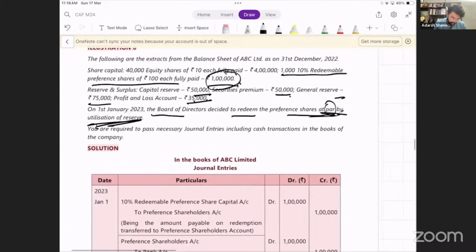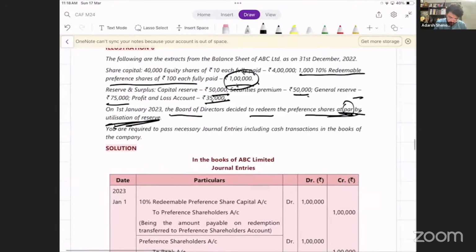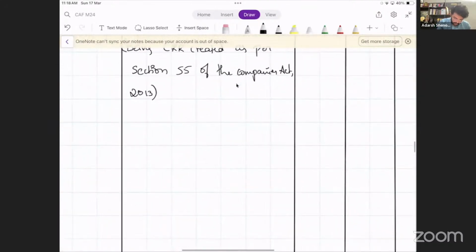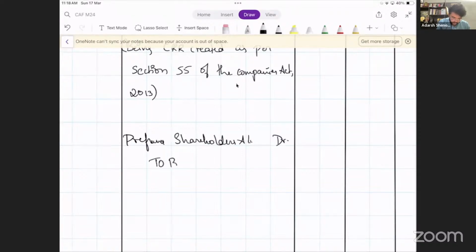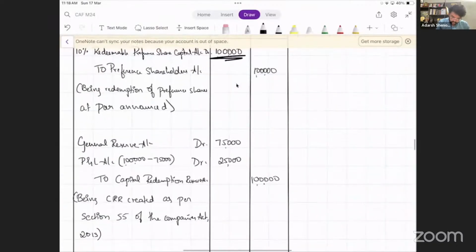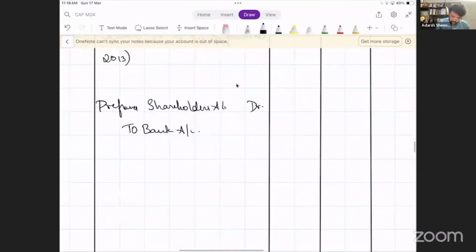Next, we will have to repay the preference shareholders. So directly the entry, preference shareholders account debit to bank account. How much is the liability towards the preference shareholders? 1 lakh rupees. So 1 lakh rupees will be paid to them.